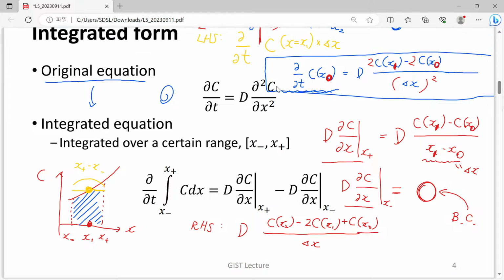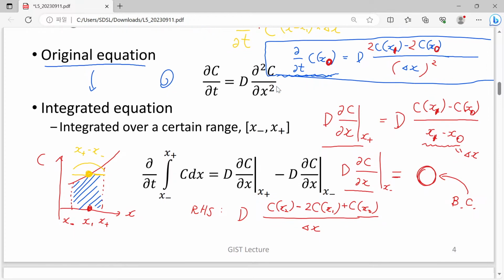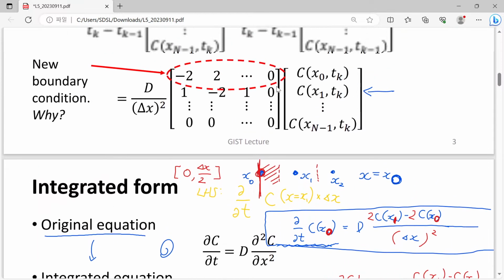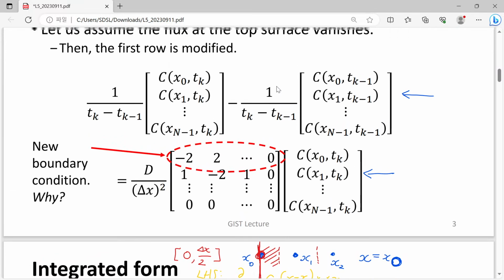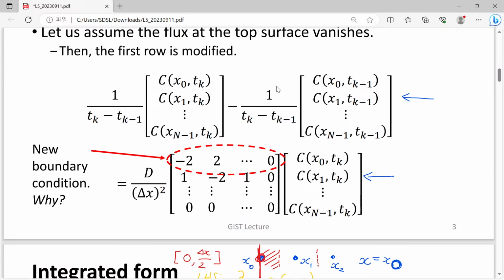Then if we just write it down in the form of a matrix, we can immediately find that this is the form we have to have in the case of the top surface boundary.